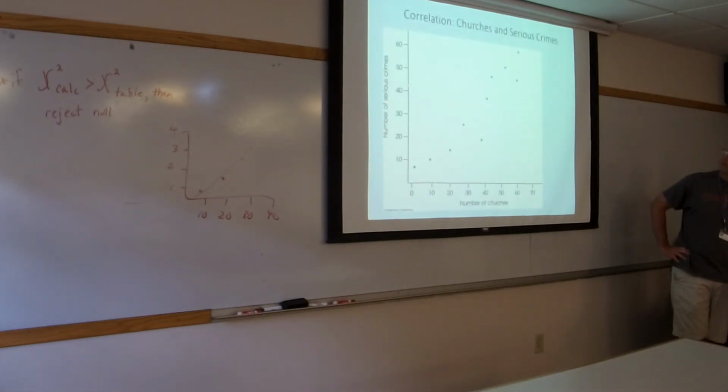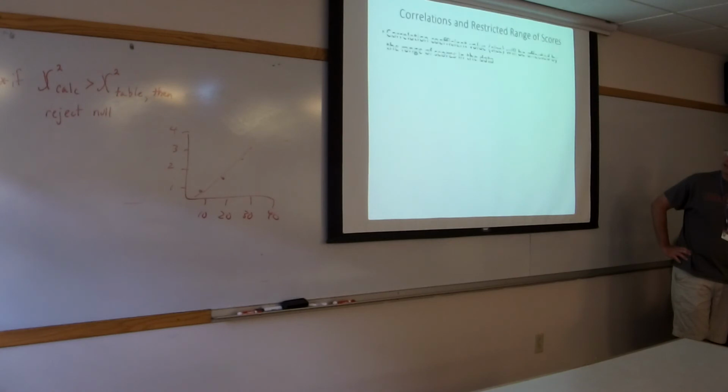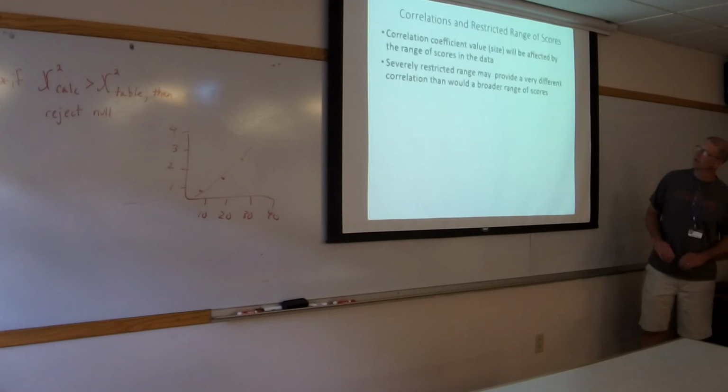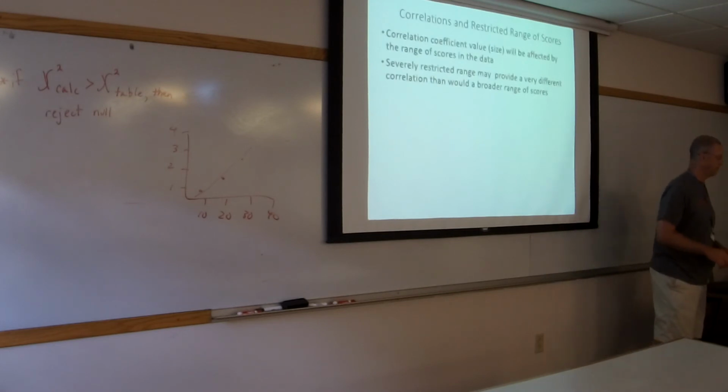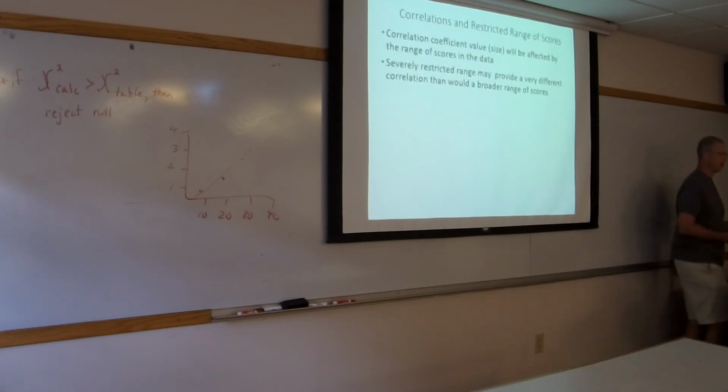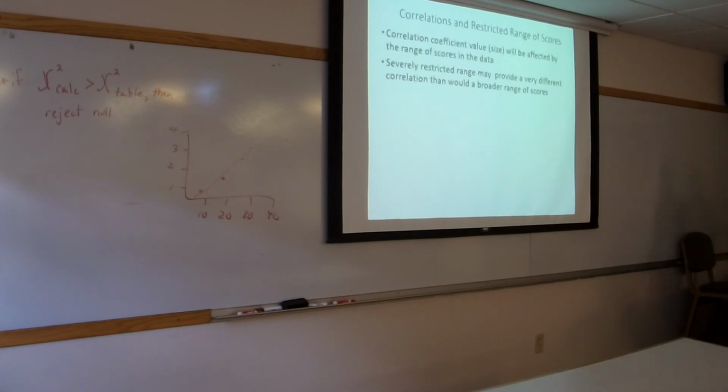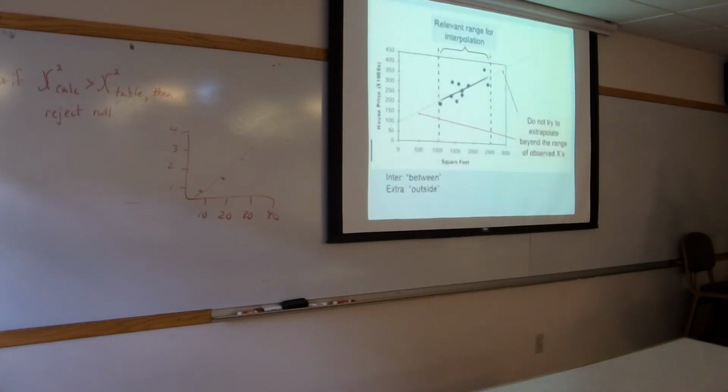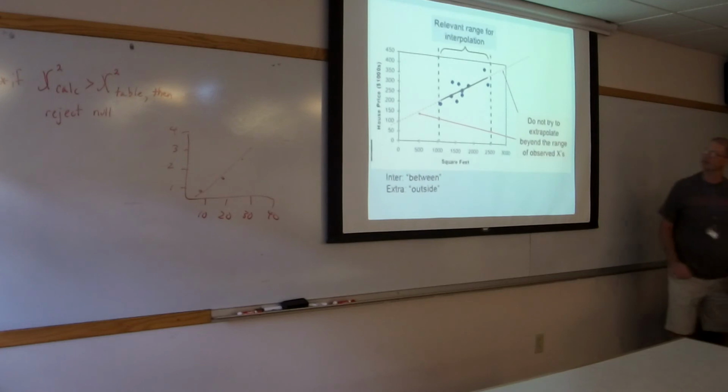Okay, so we're going to do an example here. We'll look at our feet examples in a second, but the range can really affect it. You want to make sure that your data is kind of clumped together, but not like a fist. You don't want it stretched all the way out. There's something called interpolation and extrapolation, and I'll show you with the picture. It's easier to see.